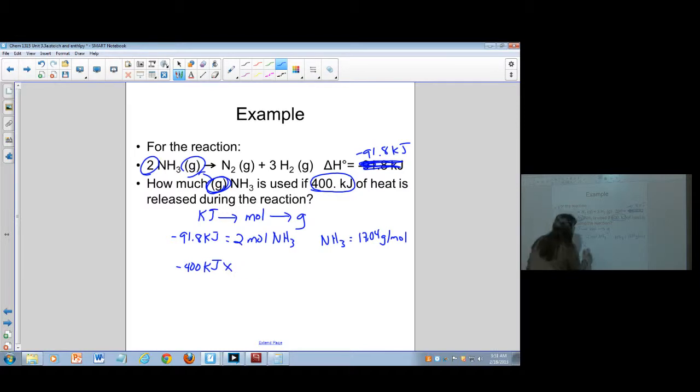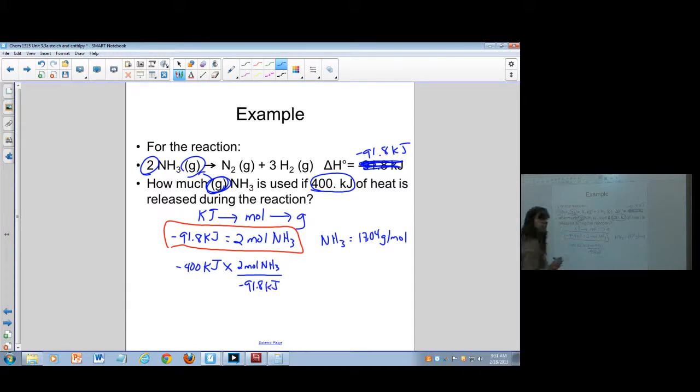So I need to get rid of kilojoules down here using my lovely heat to mole ratio. Okay, so that's going to be 2 moles of ammonia for every negative 91.8 kilojoules of enthalpy.